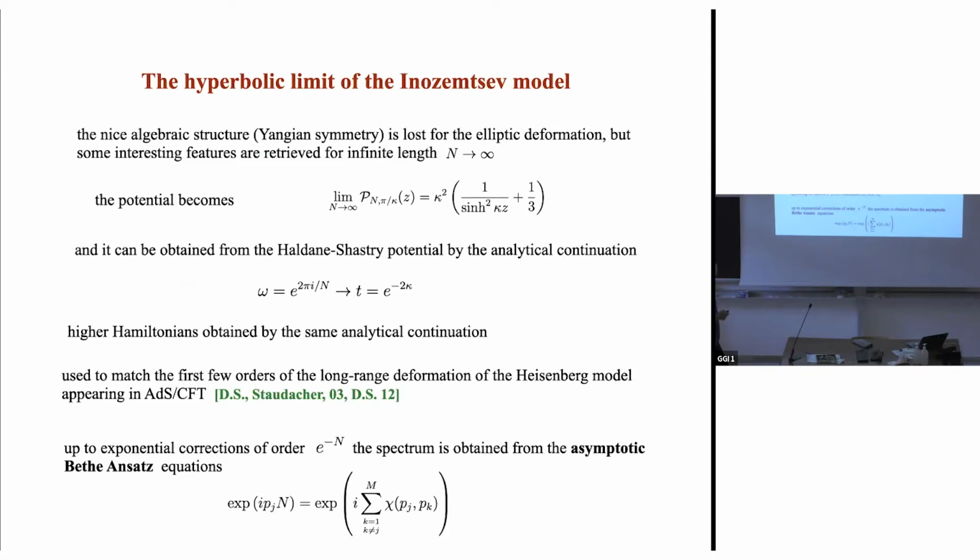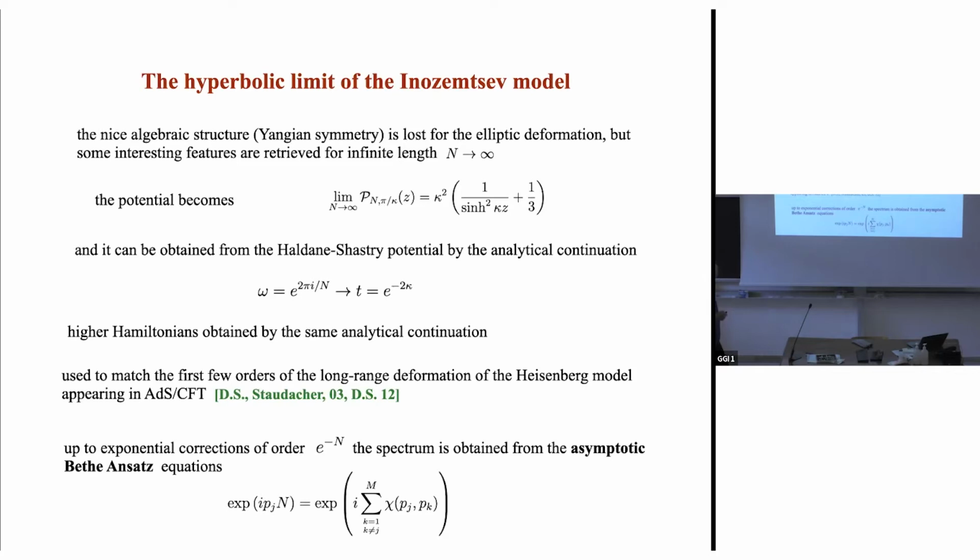So as I said, the model simplifies when n goes to infinity, and the potential becomes this 1 over sine squared of the distance. So you can analytically continue the root of unity to some real parameter, which is small when kappa goes to infinity.